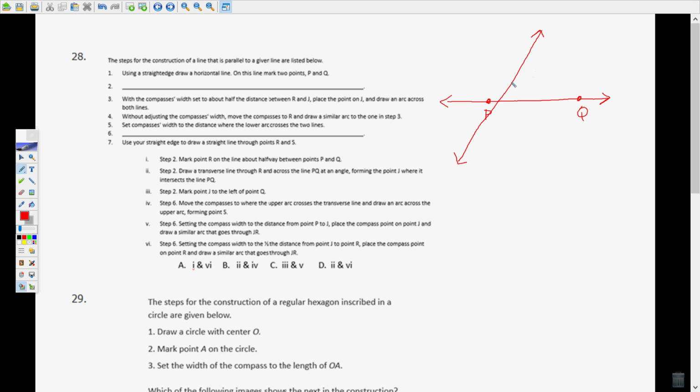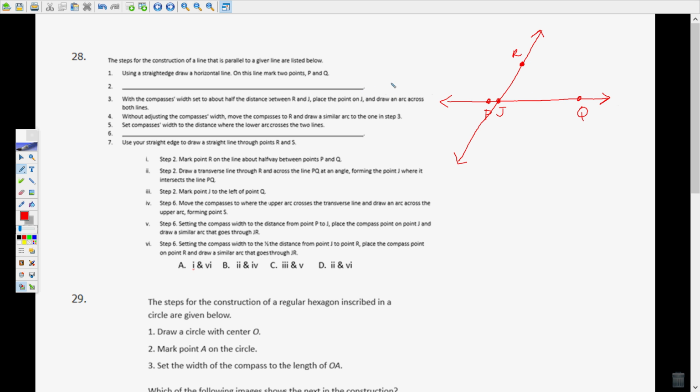I think it tells us to call the point of intersection up here R, and the point of intersection down here J, or maybe I called it J on my picture. It says using a straight edge, draw a horizontal line. On the line, mark points P and Q.